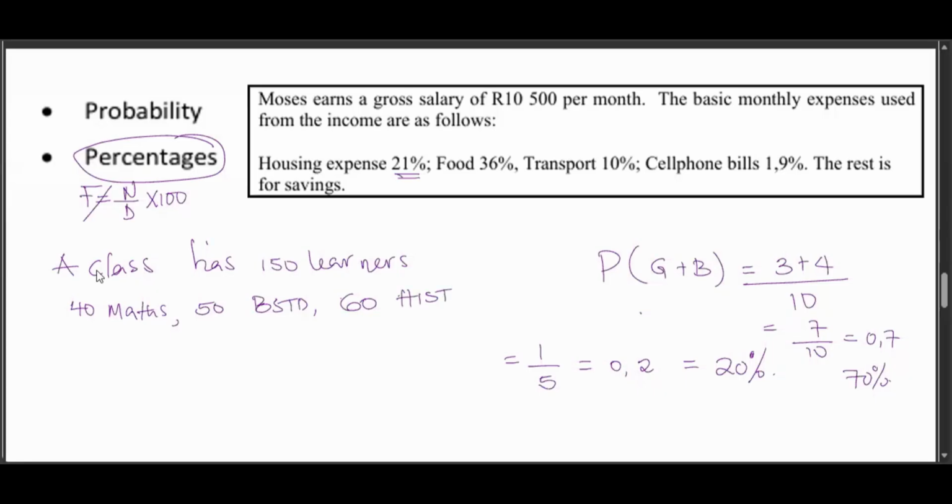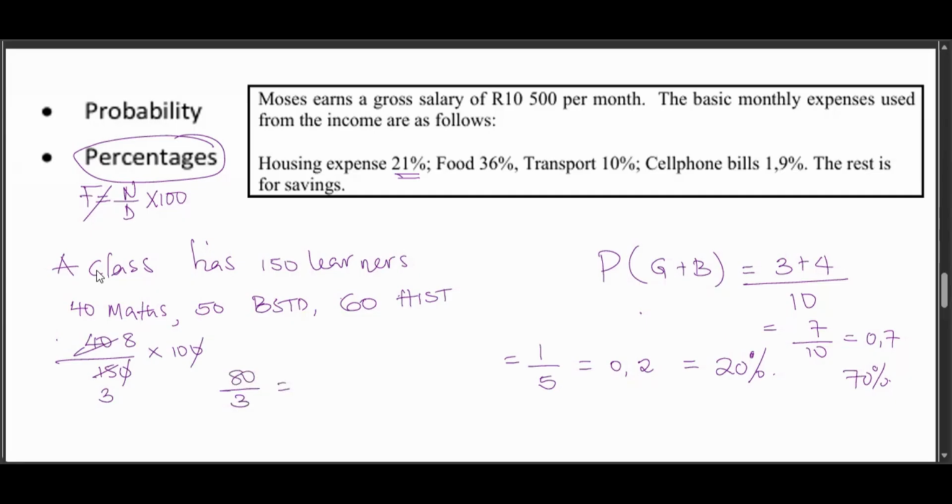So they ask you what's the percentage of learners that do mathematics. So you just say 40 over 150 times 100. Dividing by 5 and again by 5, you get 80 divided by 3.